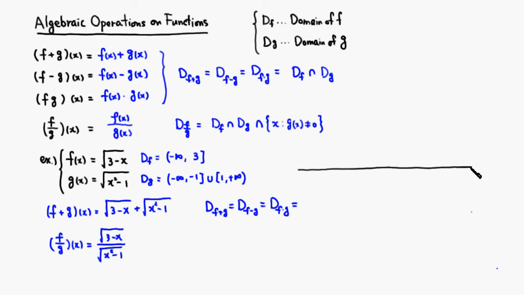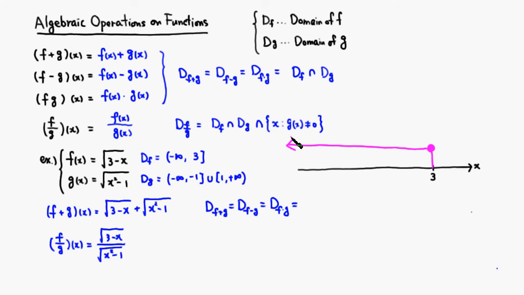Here's the number line. It's less than or equal to 3, so we have 3 here, and I'm going to put a solid dot because there's an equality there. 3 is included. So this is the domain of f.